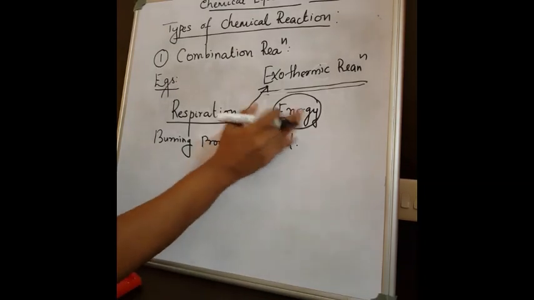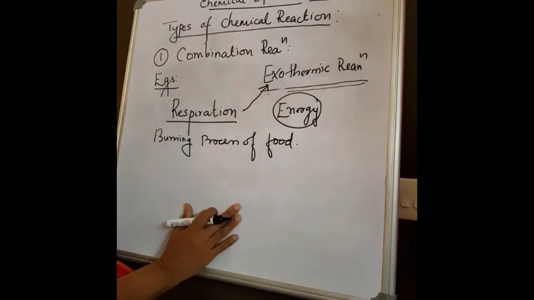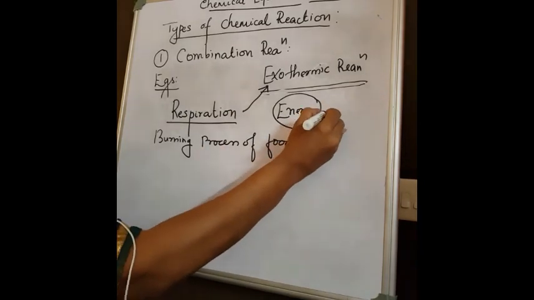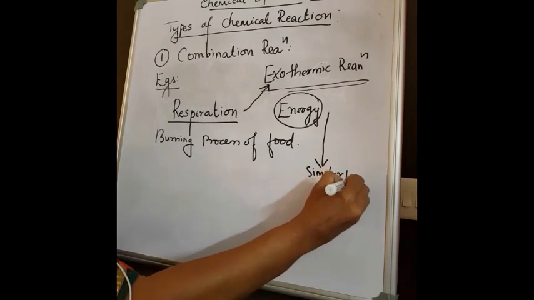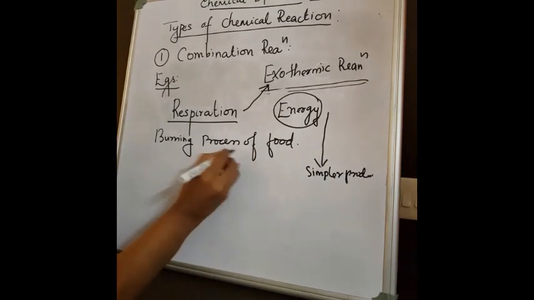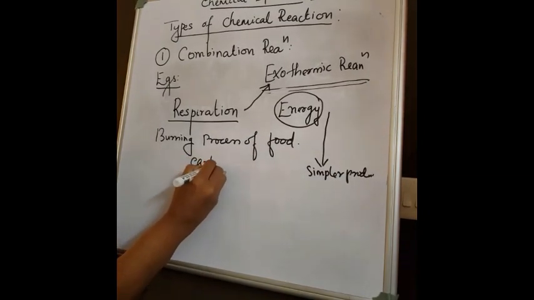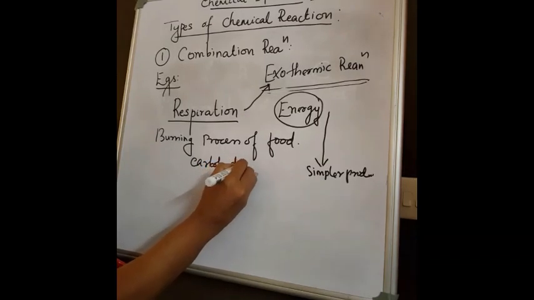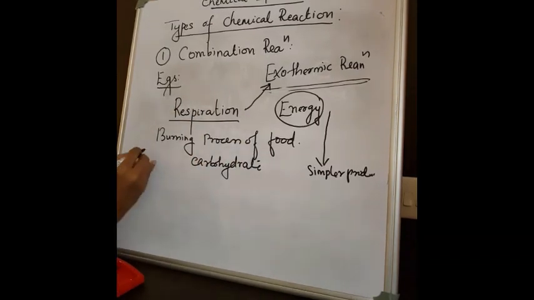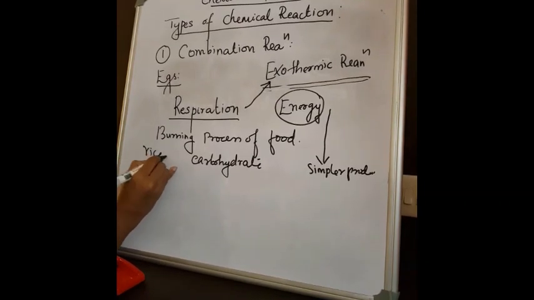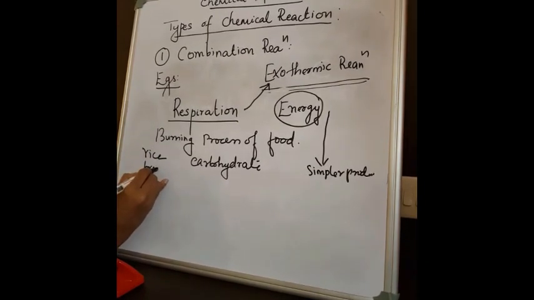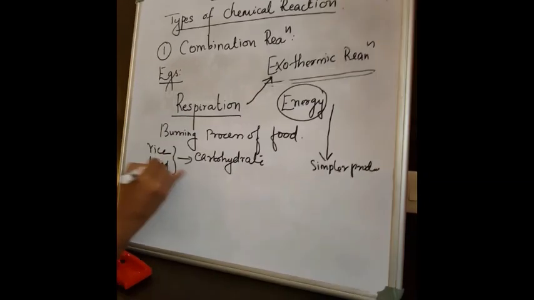Now, if we eat food, it will get digested, and the food is broken down into simpler products, correct? For example, carbohydrates. Carbohydrate means which food? You are using like rice or bread. All this contains carbohydrates, right?